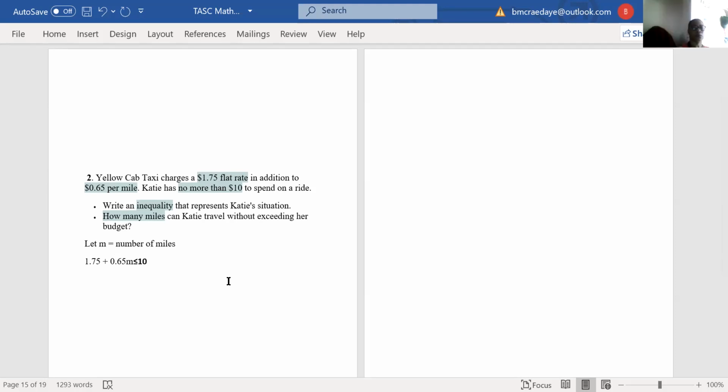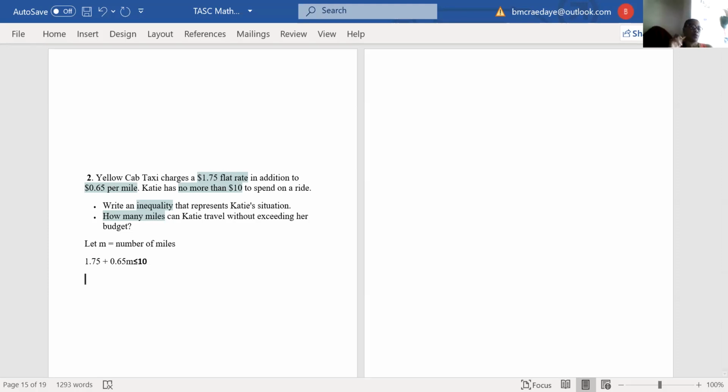Okay, we add the 1.75 plus the 0.65. No, you can't add that because you don't know what M is. See, M, you've got to calculate. So what do I do to both sides, the first step, in order to calculate M?